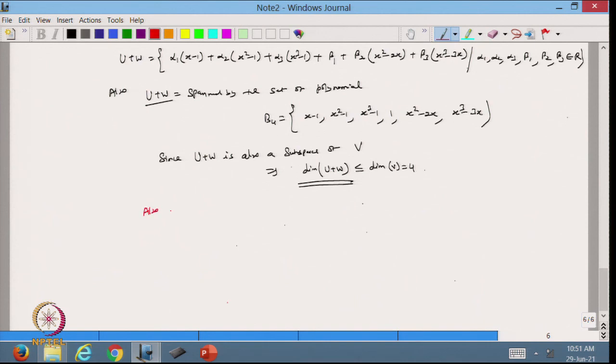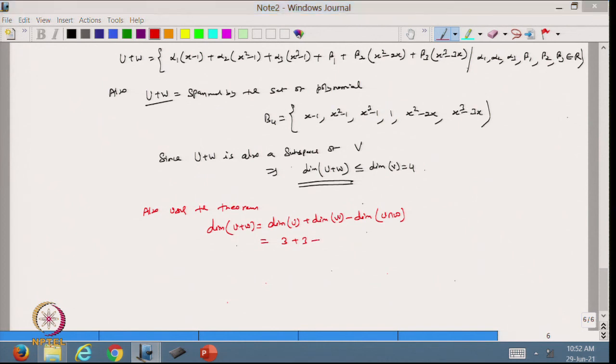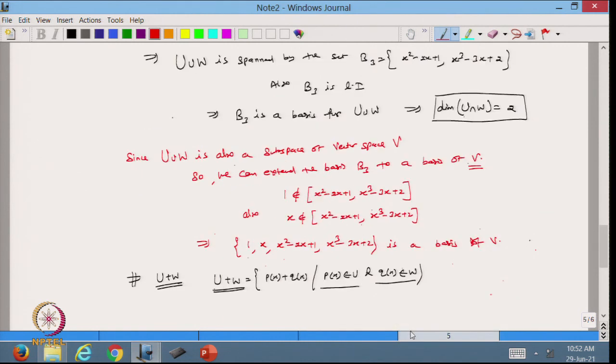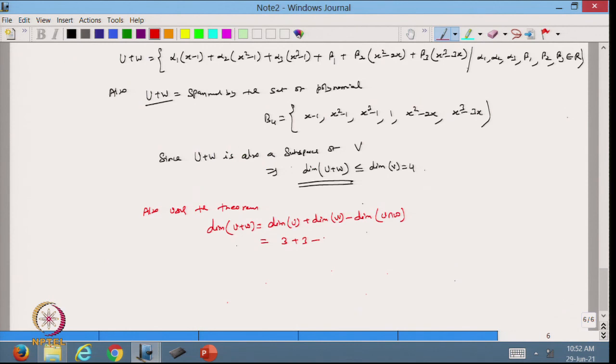Also, using the theorem, we know that the dimension of u plus w is equal to the dimension of u plus the dimension of w minus the dimension of u intersection w. The dimension of u was 3, the dimension of w was 3, minus the dimension of u intersection w, which is 2. So it is 6 minus 2, that is 4.